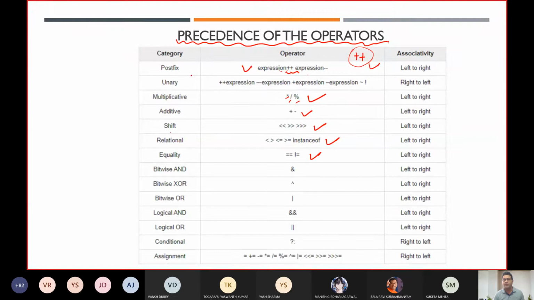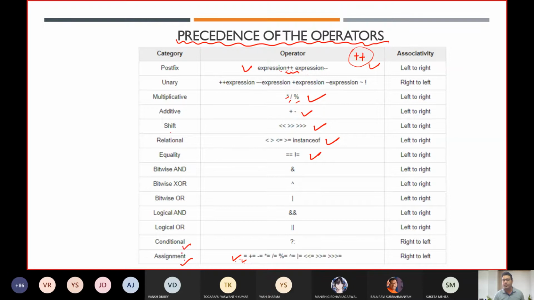That is why the precedence of operators is provided, telling which operator will be executed first by the Java compiler. The last precedence is the assignment operator: first we compute the expressions, and later we perform the assignment.